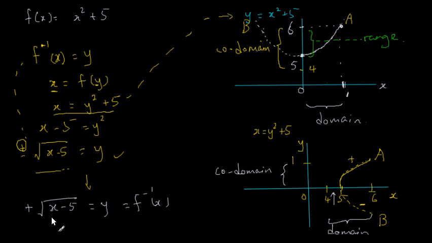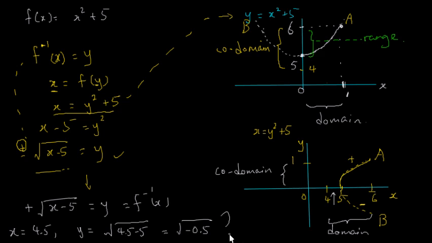And we can understand why from the equation, because if x is 4.5, I get 4.5 minus 5. When x is 4.5, this gives me y is equal to the square root of 4.5 minus 5, which is the square root of minus 0.5.